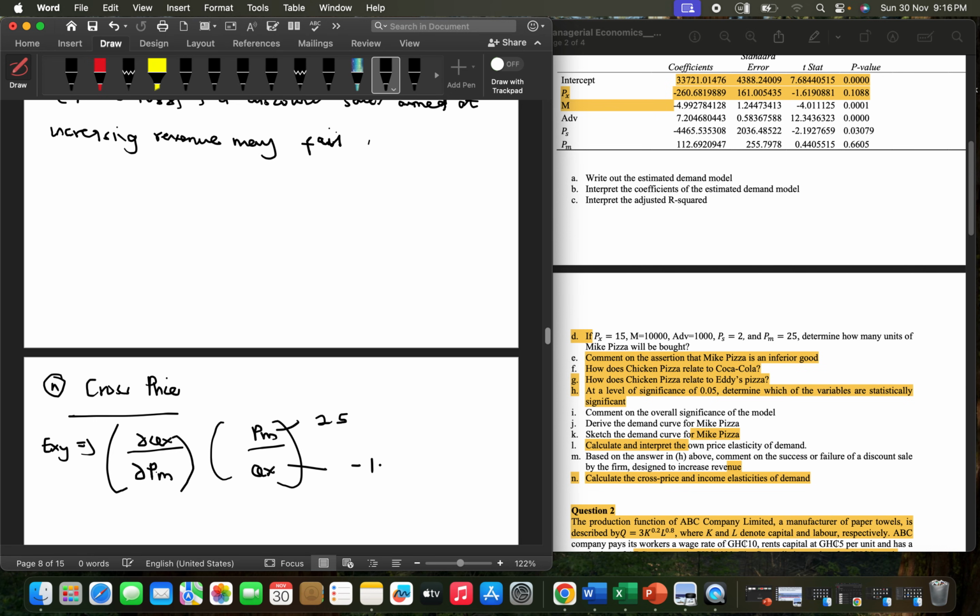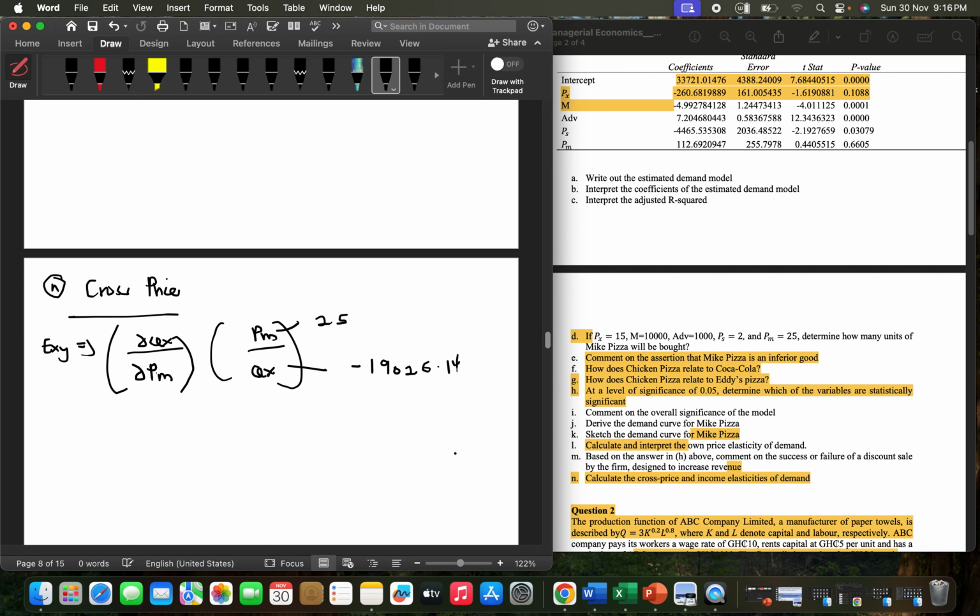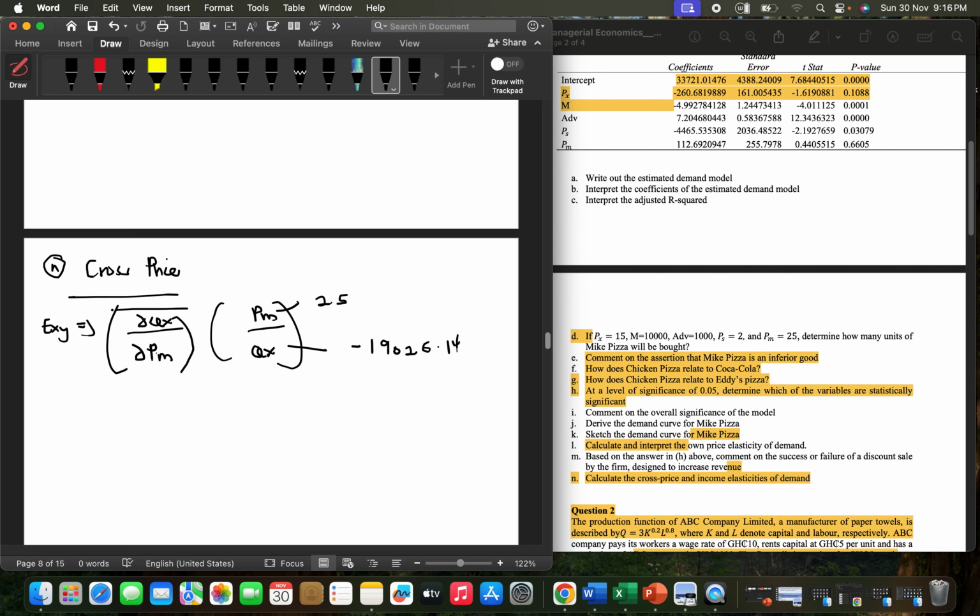It was minus 19026.14. So I told you, with that side, you have to pick the coefficient of PM. So this is PM. So the coefficient is what? 112 points. So I have 0.69 times 25 over minus 19026.14.